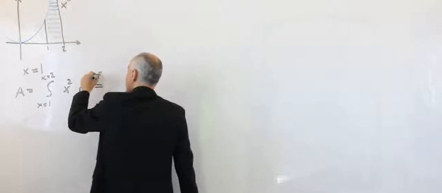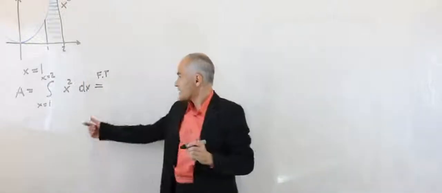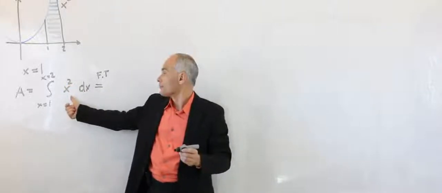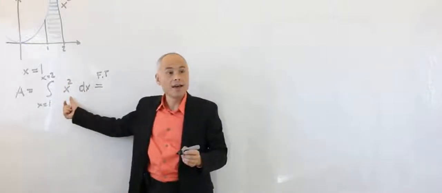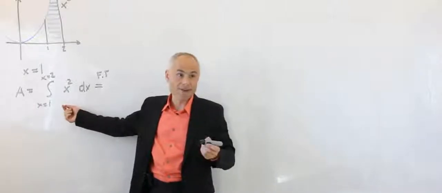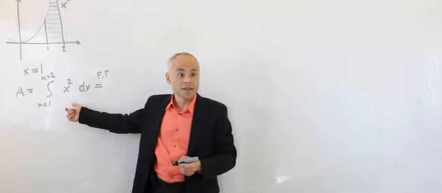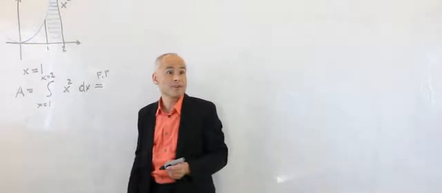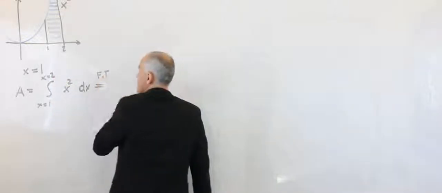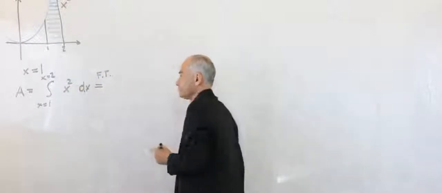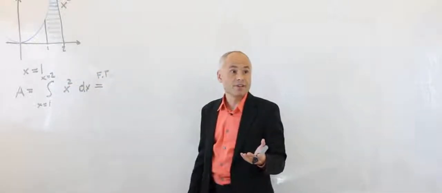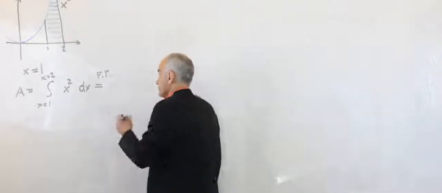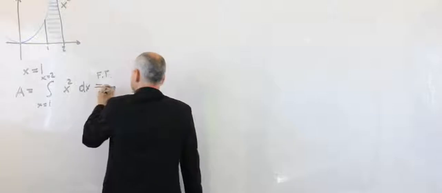So the fundamental theorem of calculus tells us that if we know an antiderivative of x squared, we can calculate this integral by simply subtracting the antiderivative evaluated at 2 minus the antiderivative evaluated at 1. So remember that the general antiderivative of x squared is 1/3 x cubed plus a constant.